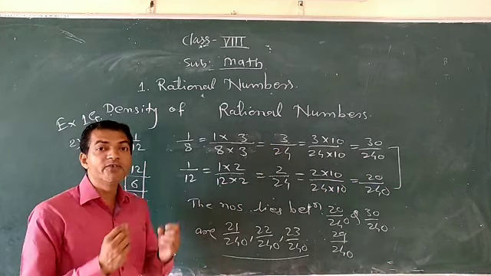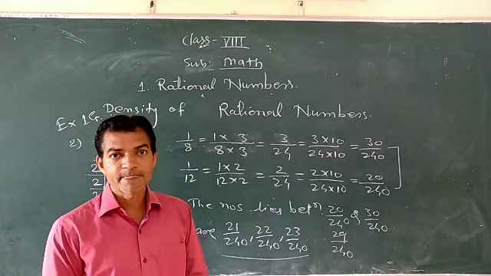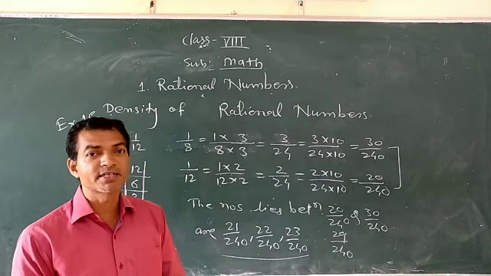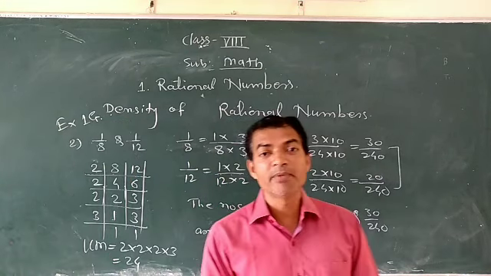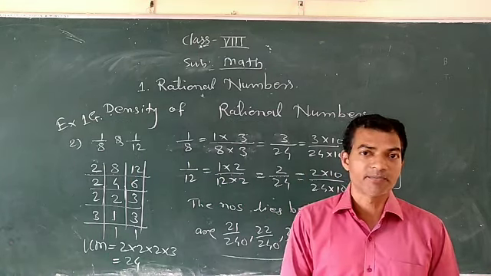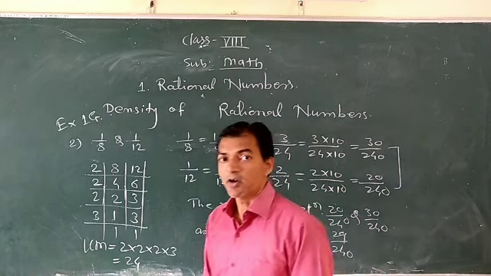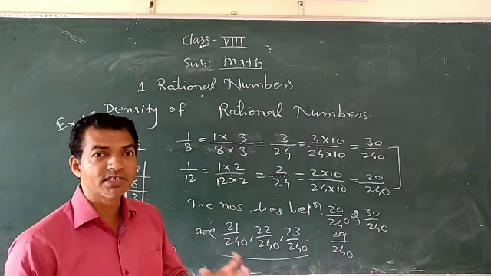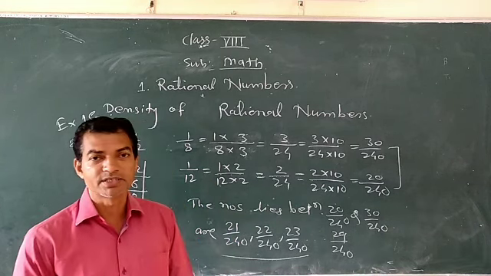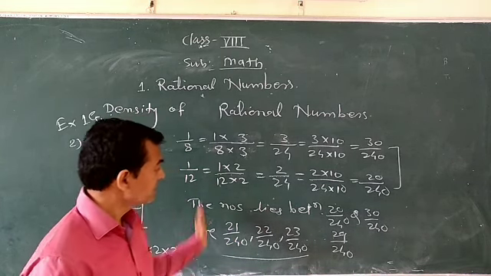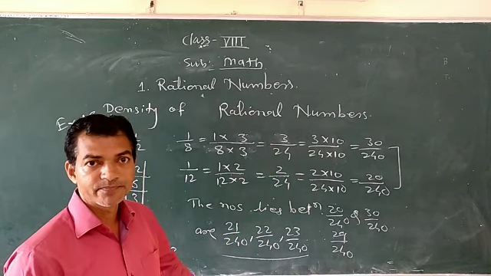It means there are infinite numbers. So there are infinite or uncountable rational numbers between any two rational numbers, not only one or two or three numbers. Okay, understood? So in this way you can find the answer.